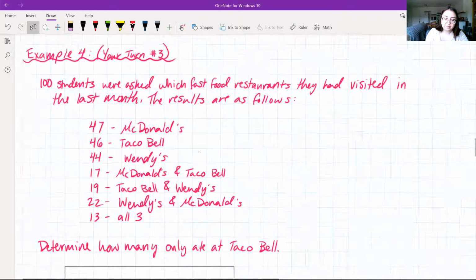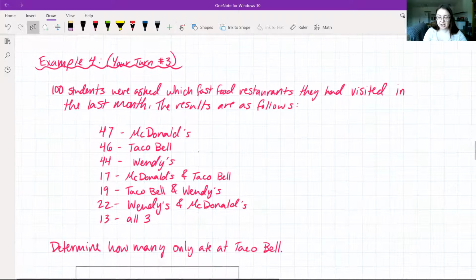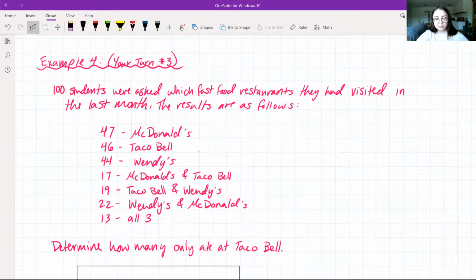All right. So example 4 here. Somewhere along in our chapters, they changed. Instead of seeing things as checkpoints, they're now called your turns. So example 4 is your turn, number 3. And we're asking, 100 students were asked which fast food restaurants they had visited in the last month.